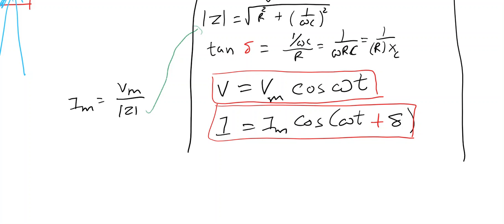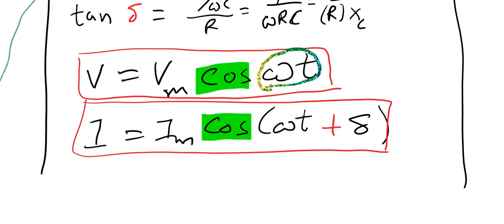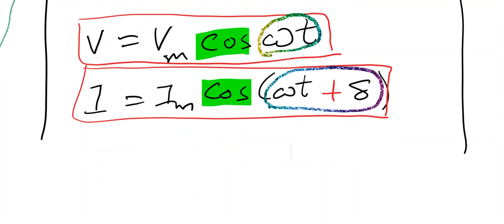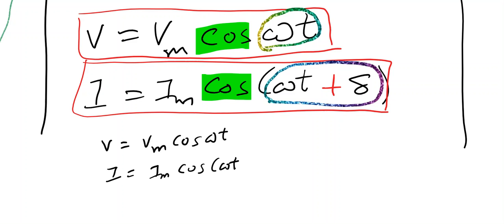So both of these are functions of cos. Voltage varies as the omega t term and current varies as omega t plus delta. It means the phase of current is more than that of voltage. Current is leading. If you remember the case of the LR circuit, if voltage is cos omega t, current was Im cos omega t minus delta.